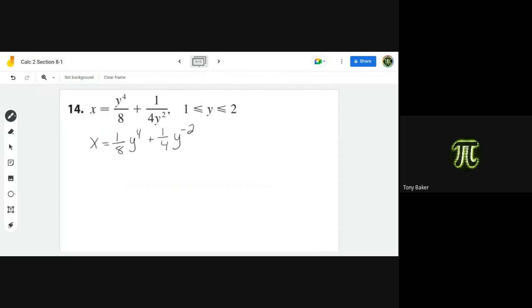If you write it that way, it might help you a little bit figuring out your derivatives.